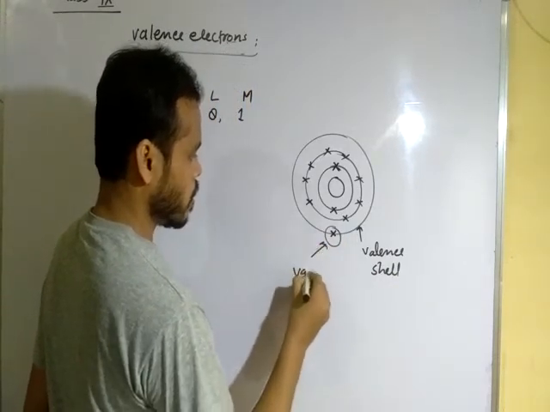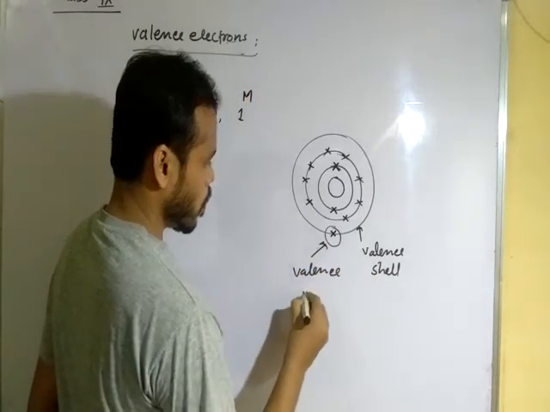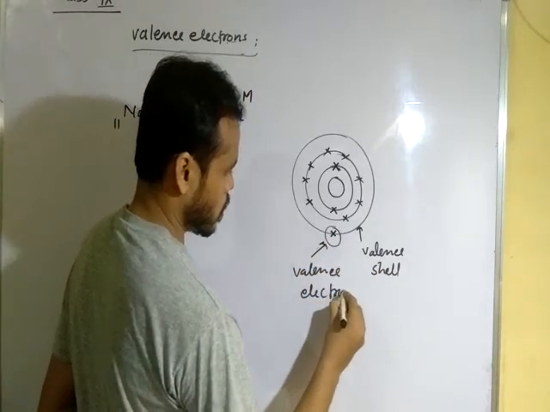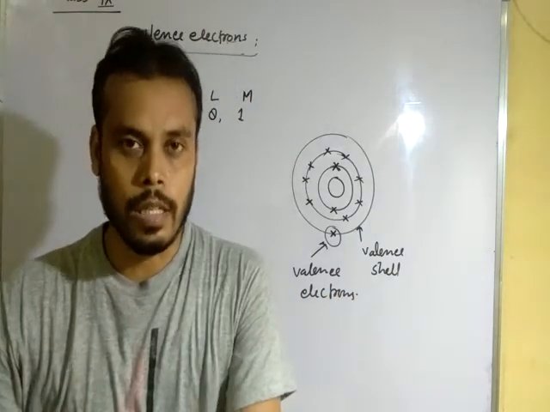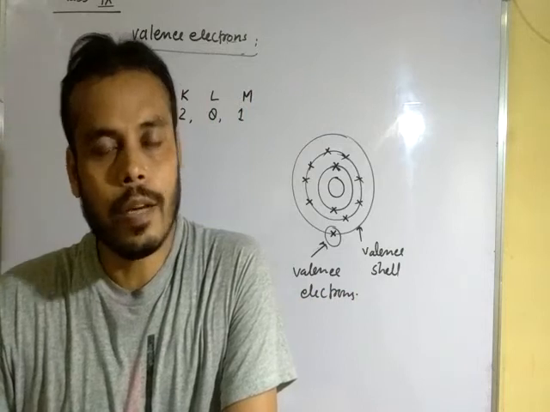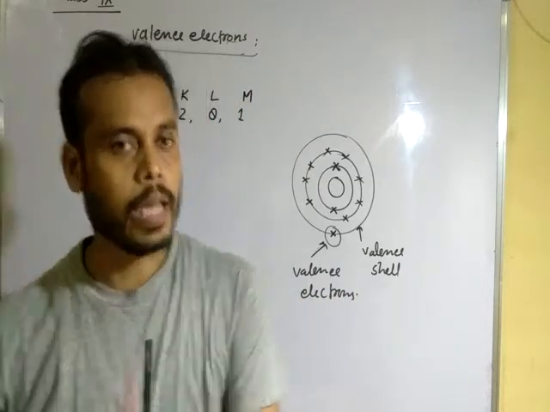We can define it as the number of electrons present in the outermost shell of an atom is called valence electron.